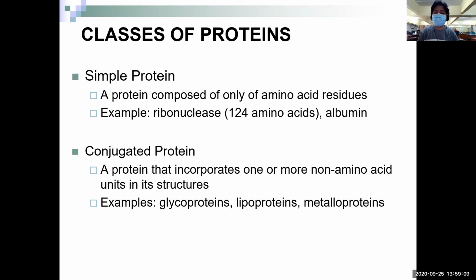Glycoprotein, for example, is a protein molecule combined with glycogen. That is why it's called glycoprotein. Lipoprotein is a molecule that is a combination of protein and lipids. That's why it's called lipoprotein. Those are the examples of conjugated proteins.